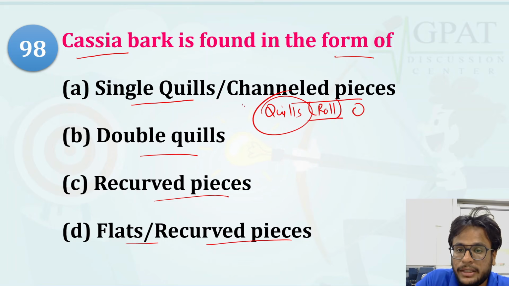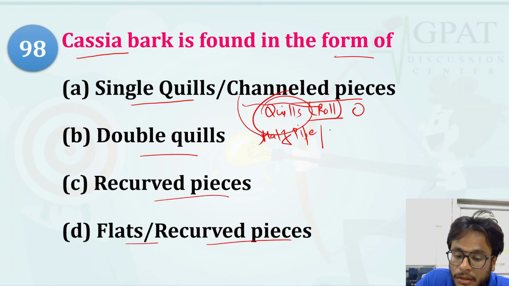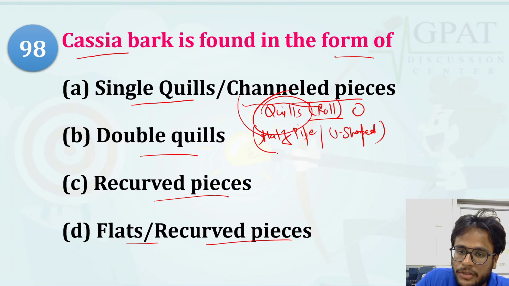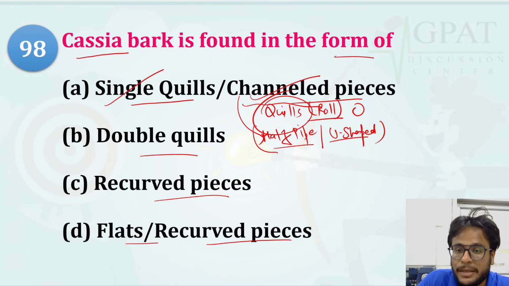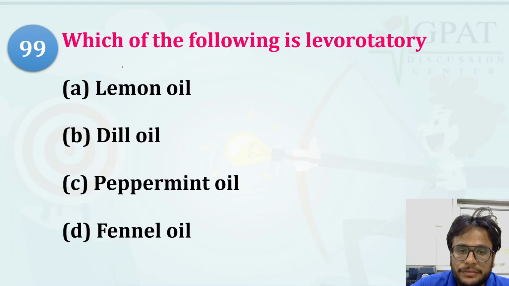And the second word, channeled, means that it has a half pipe like structure, or we can also say a U-shaped structure. So yes, the cassia bark will mainly contain the single quilled and channeled piece, the U shape or the half pipe with a single roll. So A is going to be the correct answer for that particular question.